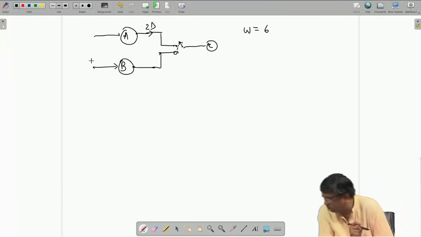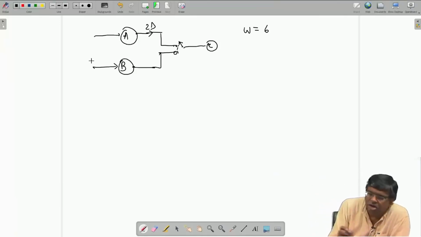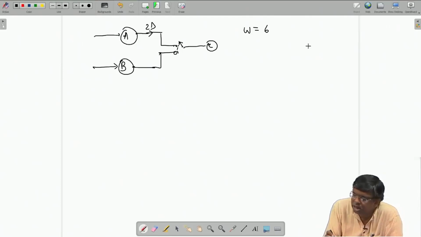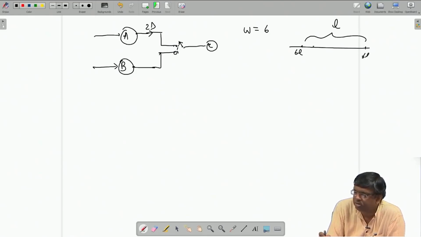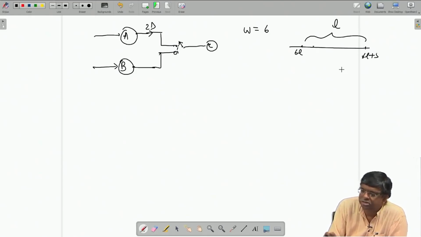So, this is the situation and the switching indices are, obviously, as you know, the Lth word cycle will be having what points? 6L plus 0, 6L plus 1 up to 6L plus 5, isn't it? Because total size is 6.